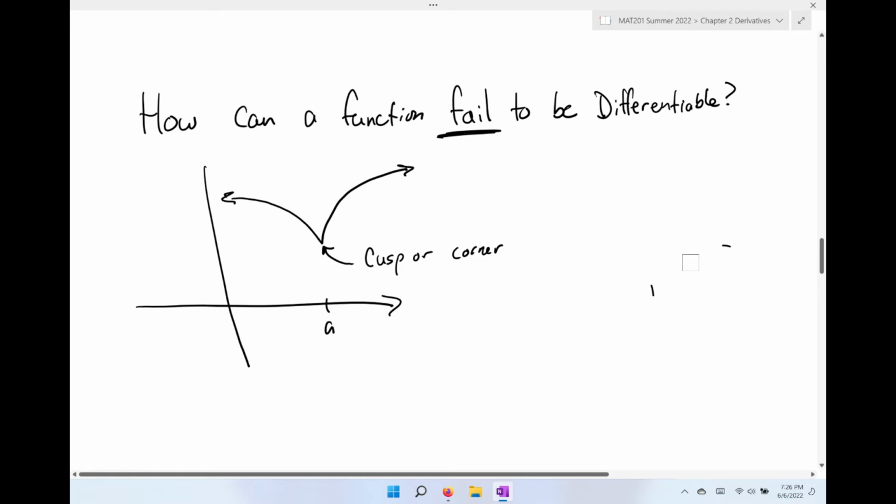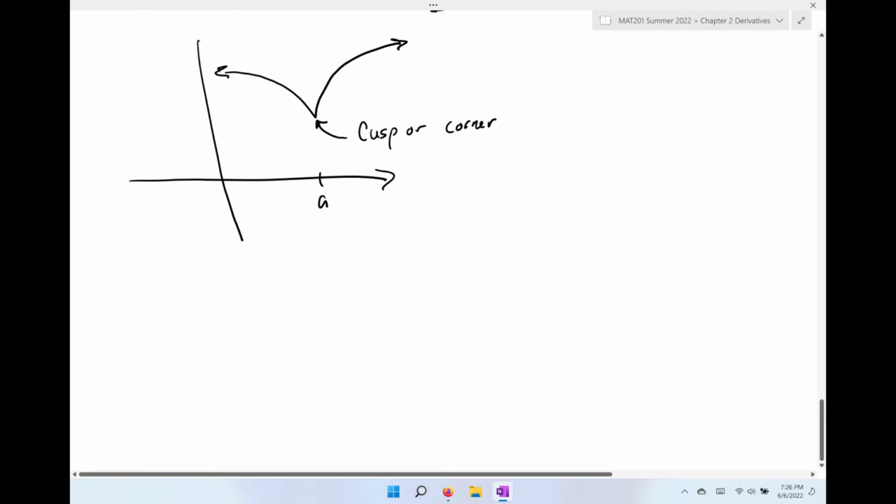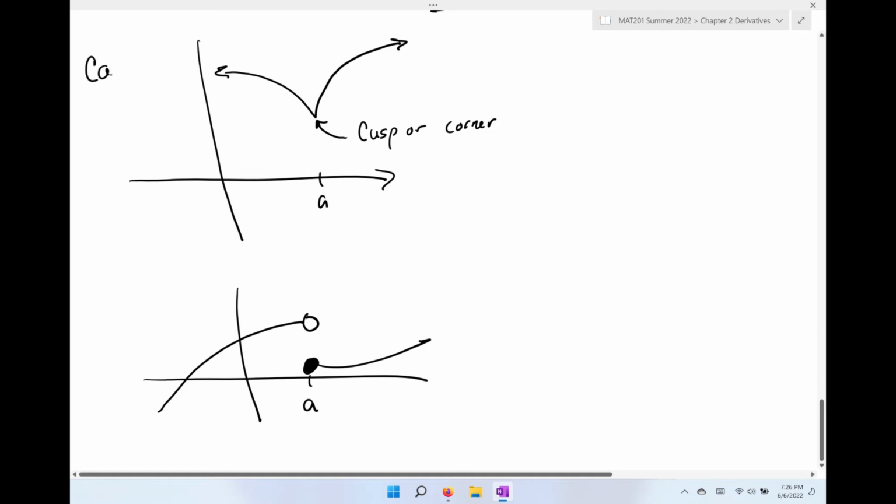Now the second case should be clearly obvious. Let me label these cases. Case 1, and here's case 2. In case 2, we have a jump discontinuity. Okay?